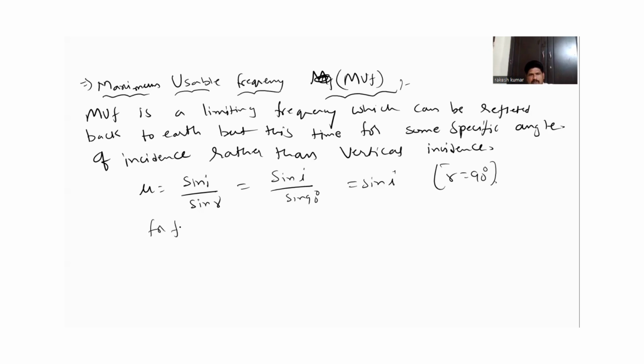So for f is equal to f0, mu is equal to sin i. Therefore, sin i is equal to root of 1 minus 81 N by f0 whole square.